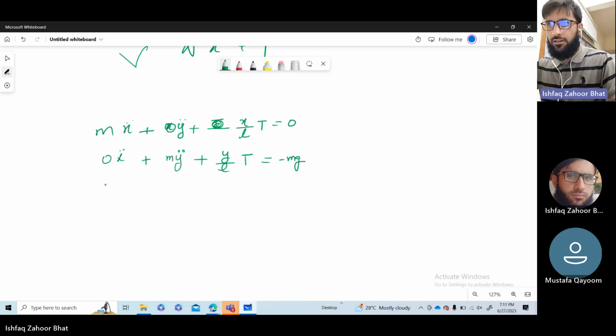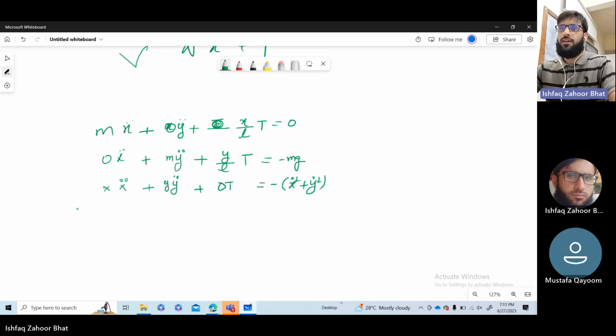And the third equation, the constraint equation, is x double dot plus y double dot plus 0 times tension, since there is no tension, equal to minus x dot square plus y dot square. Everything fine? Okay, so we can write these equations in terms of matrices. How?